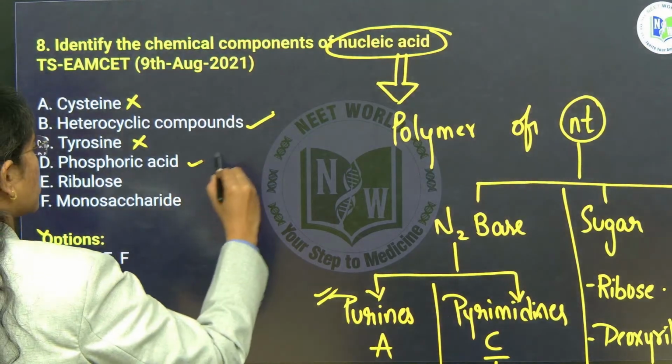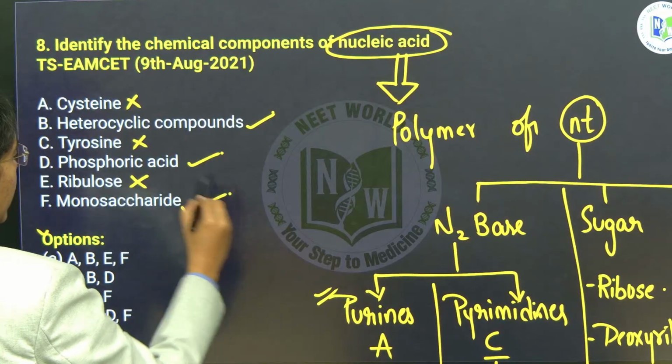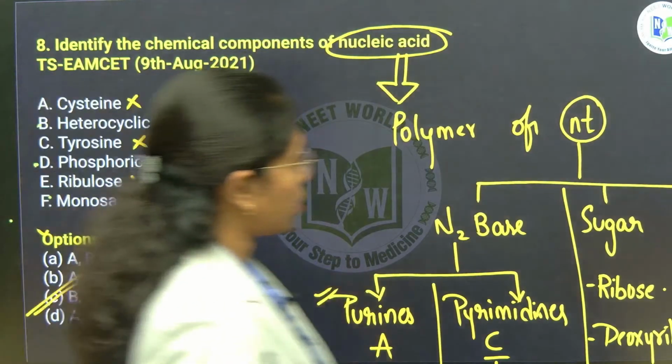Phosphoric acid is present. It is not ribulose, ribose that is present. Monosaccharide, yeah. So here the answer will be B, D and F. Yeah, option C will be the right answer. Clear? Any doubt anywhere, ma? Next.